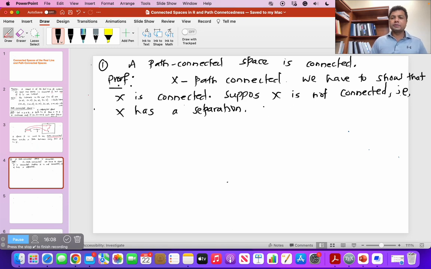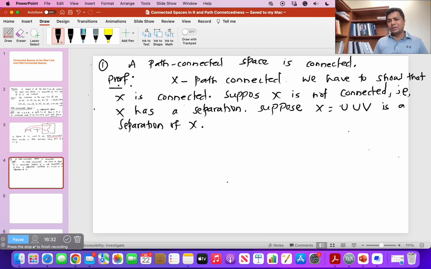Okay, and suppose that the separation of X is U union V. That means X can be written as the union of U and V, where U and V are non-empty disjoint open sets.